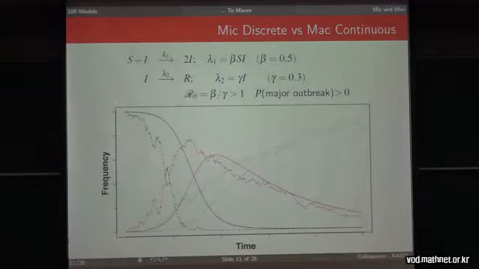The rugged curves are the realizations of the stochastic process. It looks a little bit like Brownian motion, but in fact that's just because of the poor resolution of this picture. This is a discrete system with a set of jumps, and the smooth curves are the solutions of the differential equation. On average, if you have several of these stochastic trajectories and average them out, they will average out to these smooth curves.